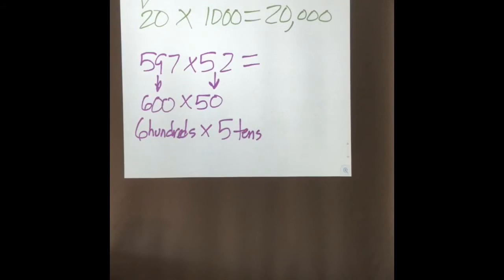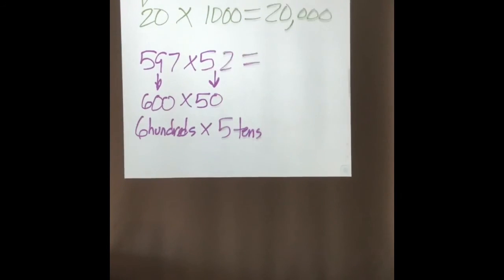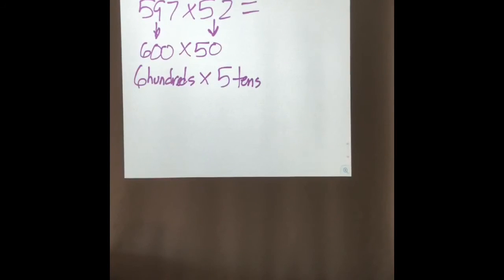Now that helps us with our decomposing, or distributive property. So we're going to take our 6 and put it down here. We're going to multiply it by the 5, and we're going to multiply it by, what's this? 100.